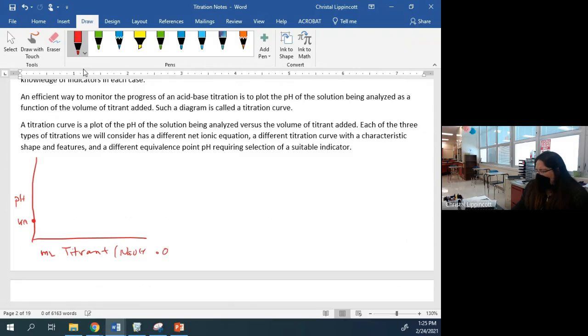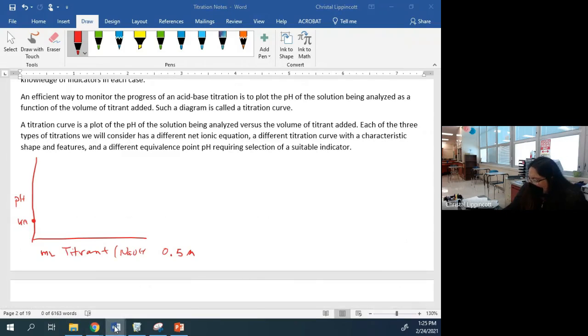I believe it's 0.5 molar sodium hydroxide. I think that's what I've got out here to pull for the lab. I can't even find my sheets anymore. Yeah, 0.5 molar NaOH.